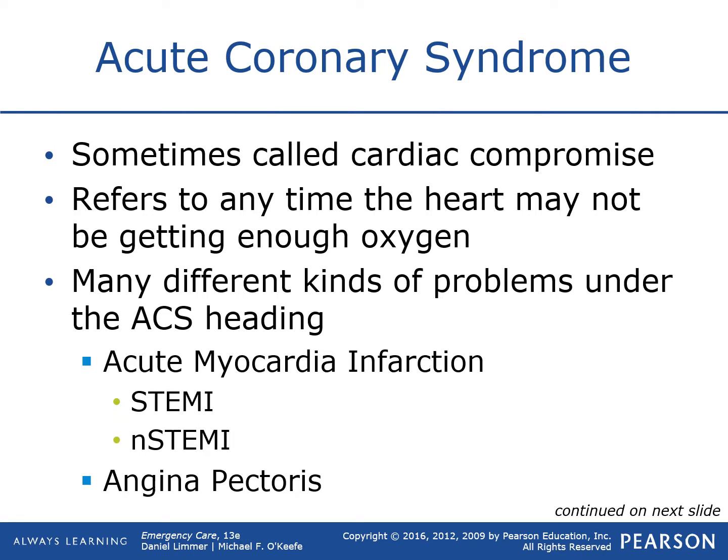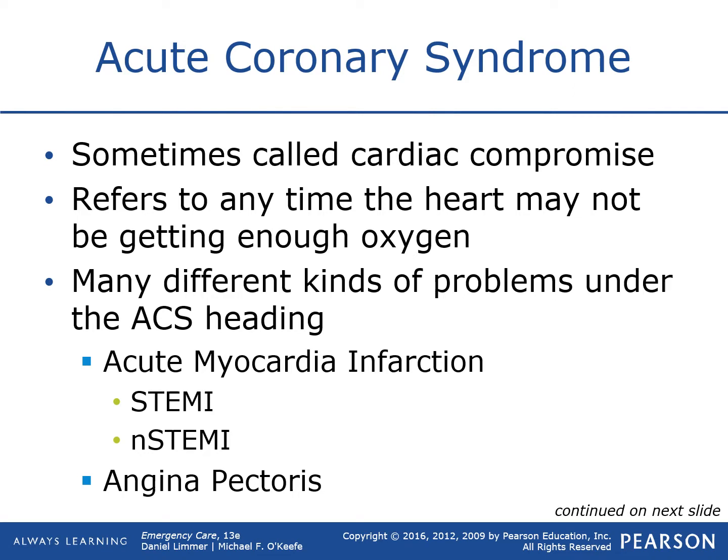The heart is compromised somehow, and it's compromised because it's not getting enough oxygen. There's a few different ways that the heart might not get enough oxygen, but that is the baseline issue: the heart is hypoxic, so low oxygen in the heart.